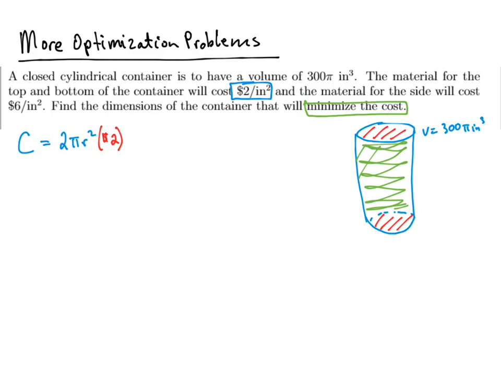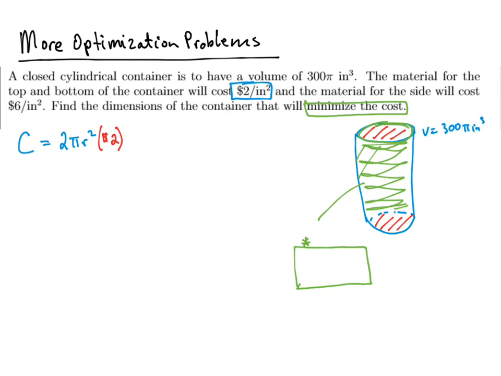And then the area on the side, well, if you think about it, if you unroll the cylinder, the area of the side is going to be a rectangle. So this area here, when we unroll it, is a rectangle, and this length right here is actually the circumference of the circle at the top and the bottom.